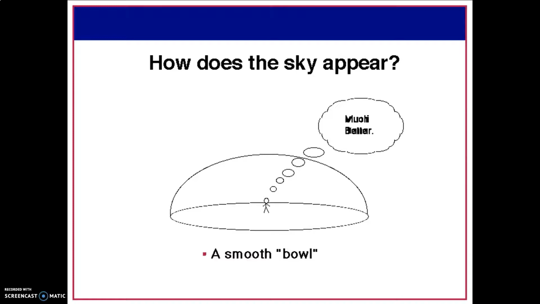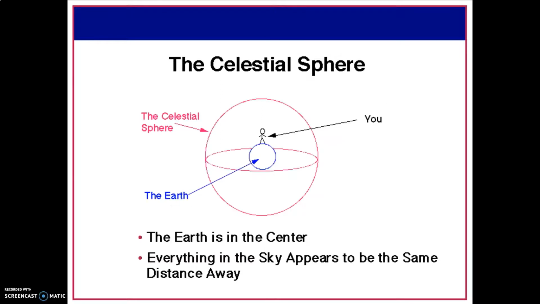So that's the first thing I want you to notice, that the sky is dome-shaped or smooth bowl-shaped. Now, you heard about this term in our last unit when we talked about the history of astronomy, and that was the term celestial sphere. A celestial sphere is a giant sphere, and inside of that sphere, the Earth is in the very center.